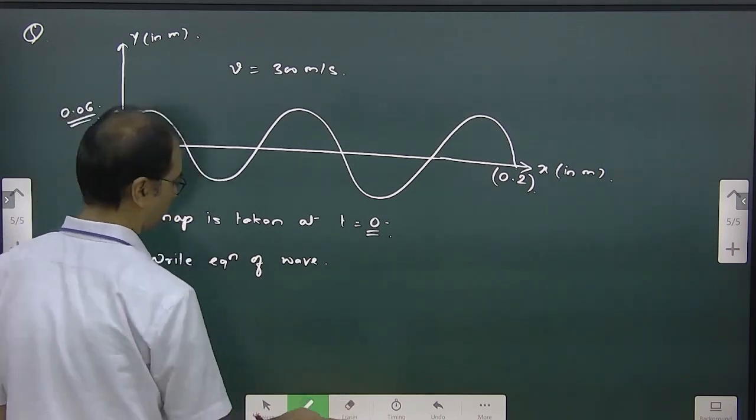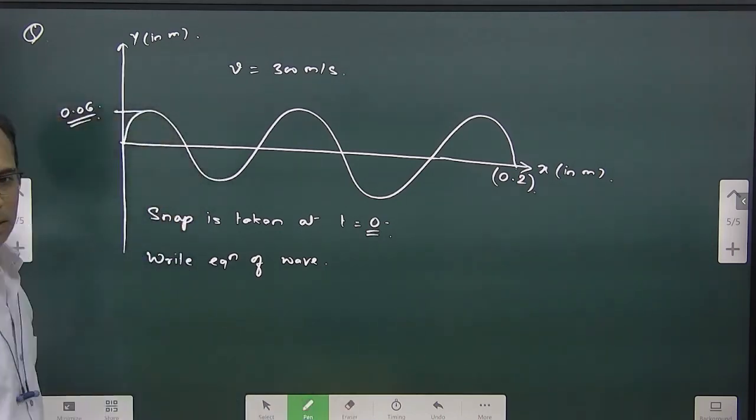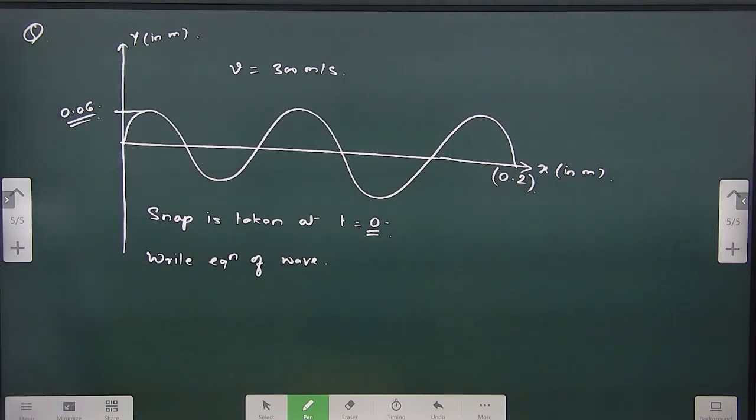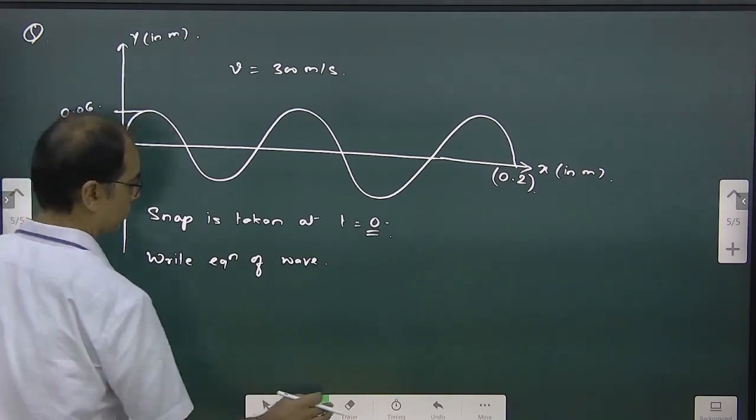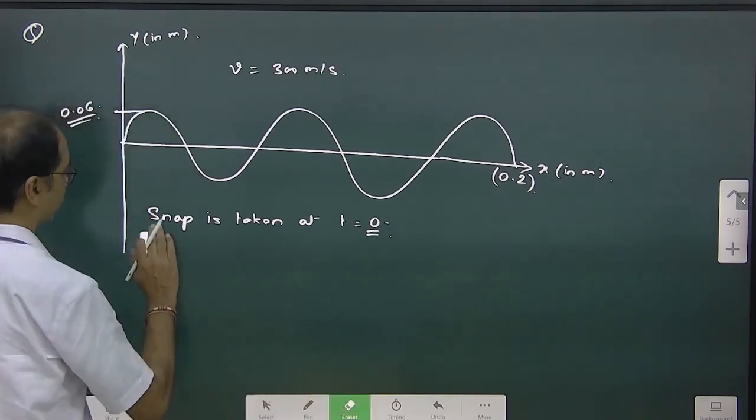Check, it is there. In the given data only it is there. Check, are you able to find?